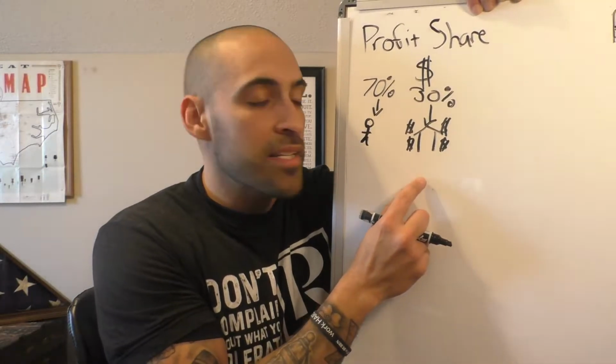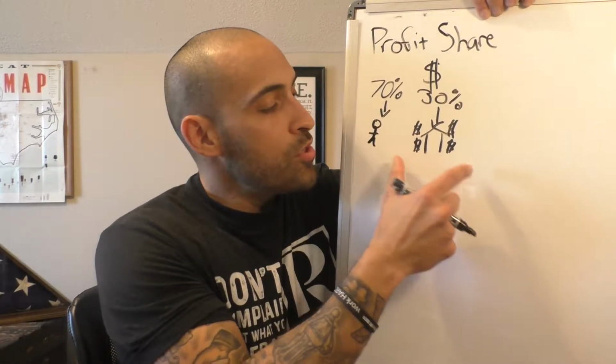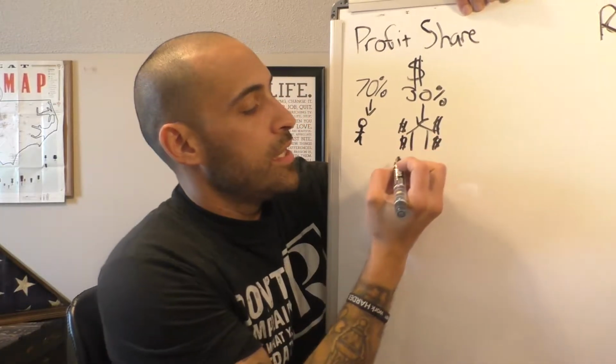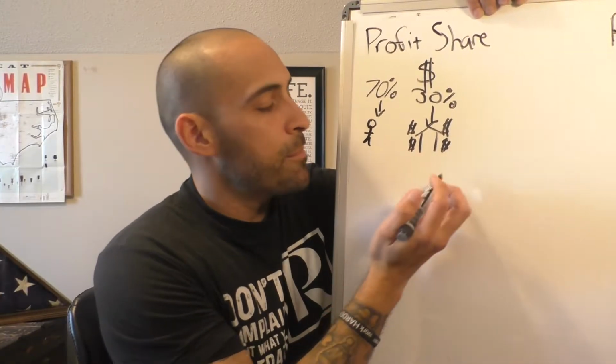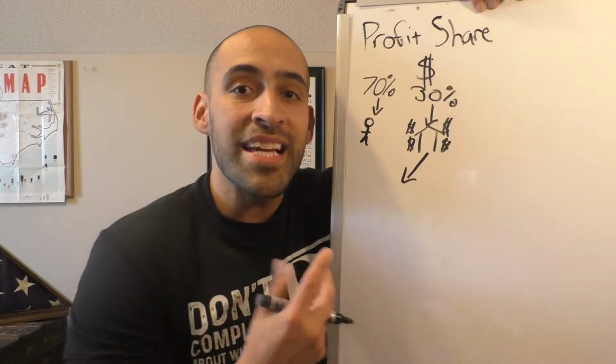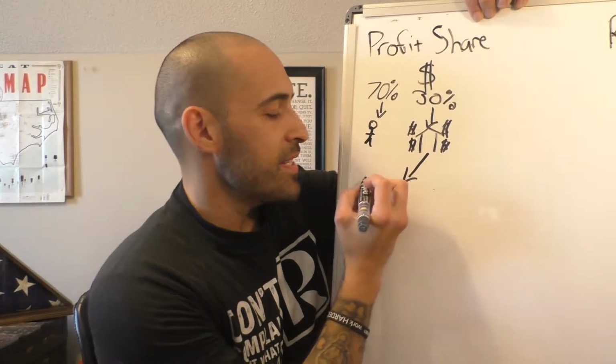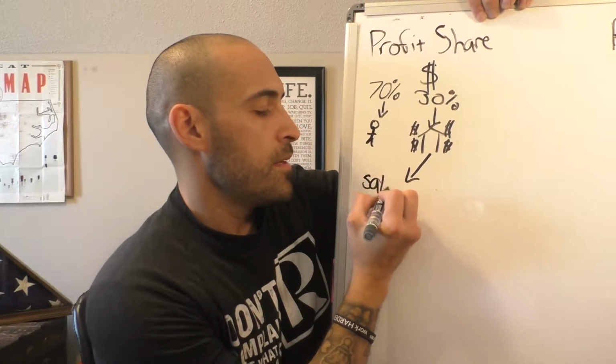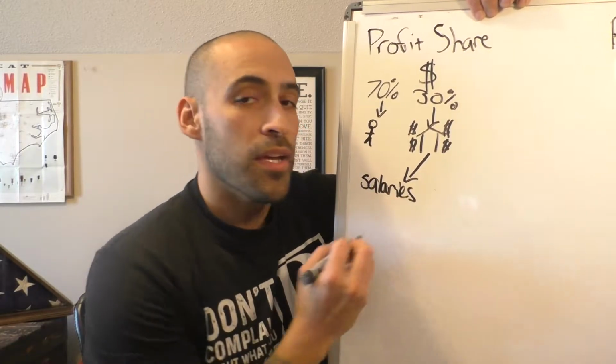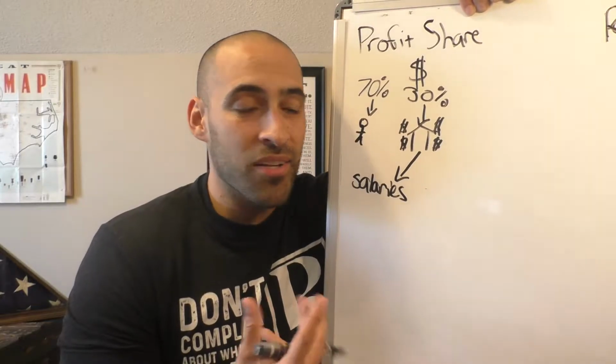So all that 30% company dollar goes into the office. Now what happens is, like I said, running a business, the office has to pay some expenses. So probably one of the biggest expenses, salaries. So you got to pay salaries with that company dollar. Again, it's revenue, right?